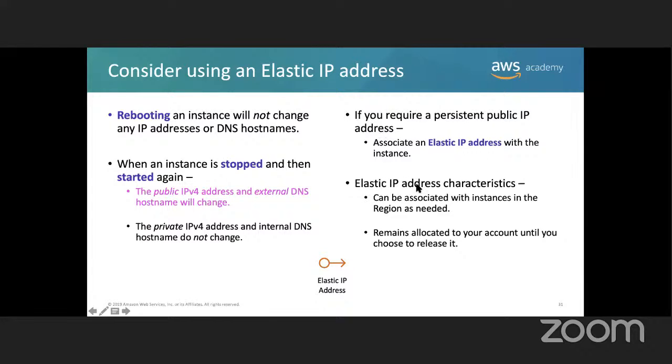It can be associated with instances in the region as needed and remains allocated to your account until you choose to release it. So you can remap it to another instance. You stop an instance, then you can remap that IP address to another instance. So you will never lose it. It will always be there in your account until you decide to release it and let it go.